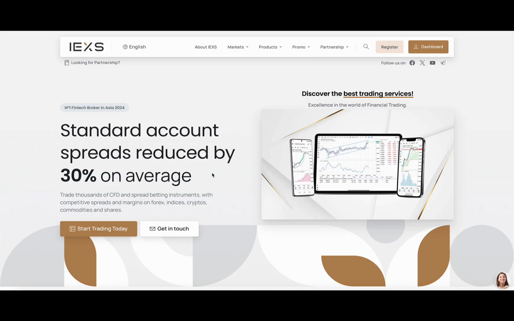Okay, if you want to try our strategy, try out our bot, I can give you the bot for 1 month to test out for free. But one requirement is that you need to register under the link in my description, either IEXS or Jxtrade.